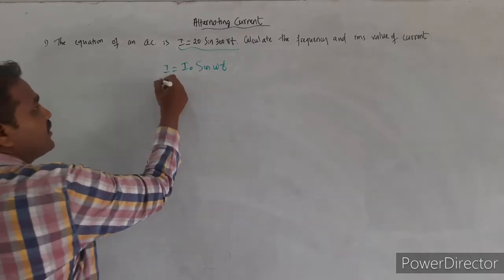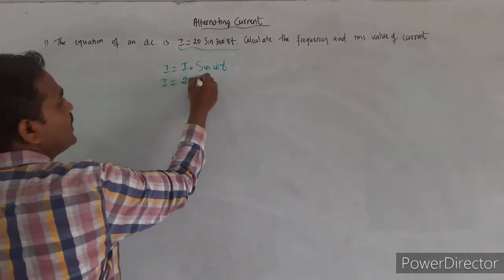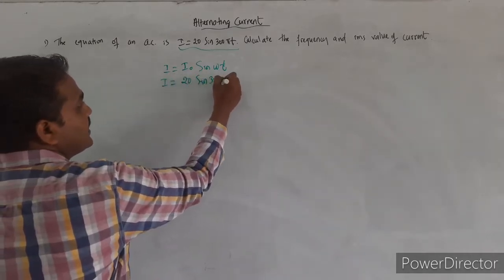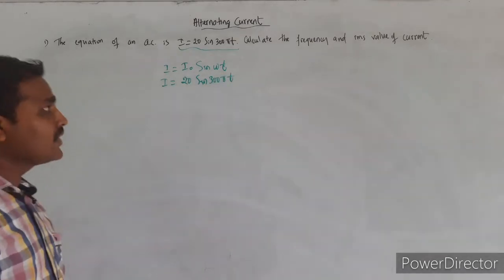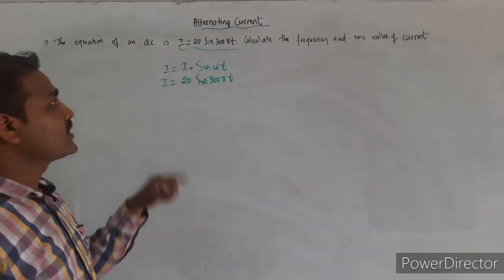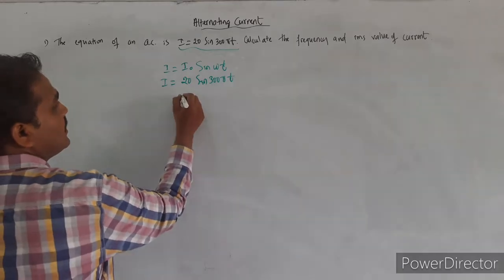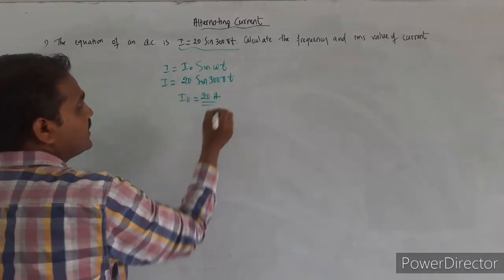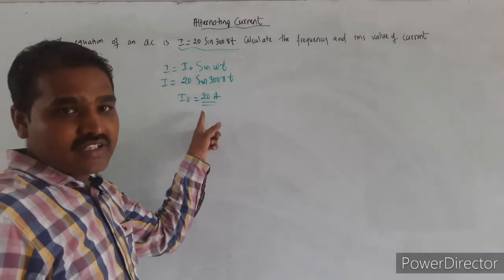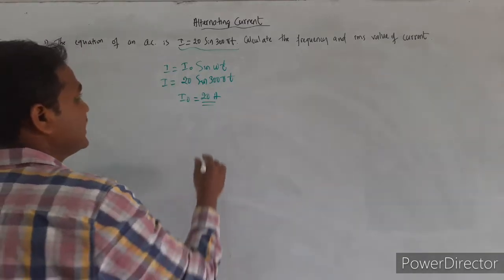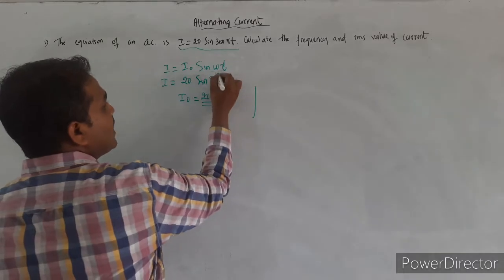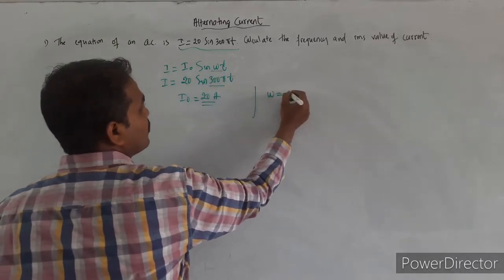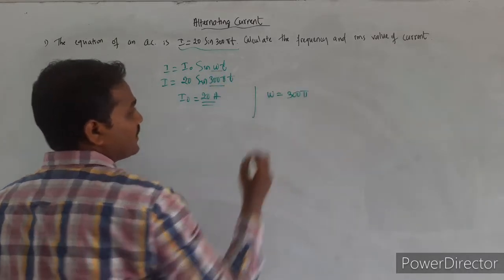The given equation is I is equal to 20 sin of 300 pi t. By comparing these two equations, I naught is equal to 20 amperes, that is the peak value of the current. Then omega is equal to 300 pi.